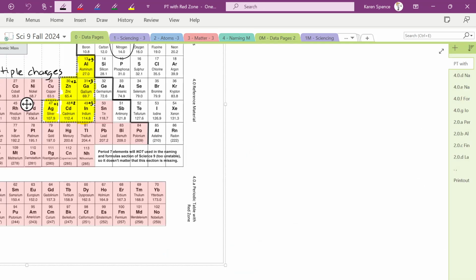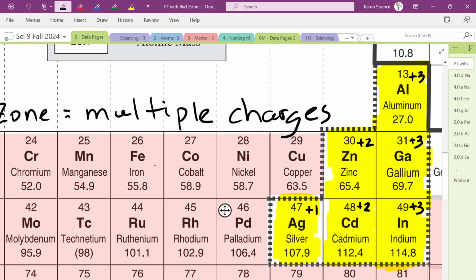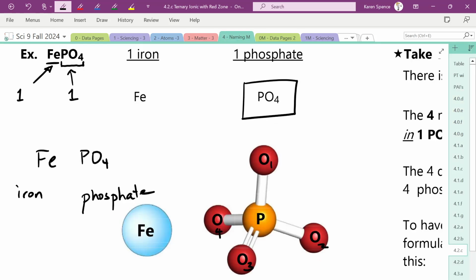Iron is in the red zone, so it needs a Roman numeral. So we're going to put brackets here. We just said that phosphate has a 3 minus charge. What's that? That's not a minus. That's a right side up line. 3 minus. We only have one of them, so we don't have to add anything up.